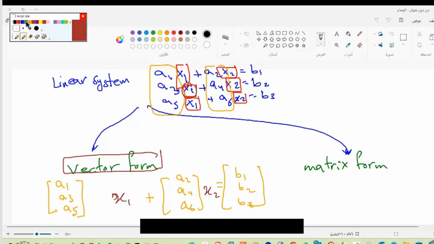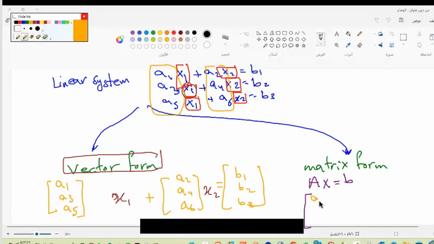Now, what about matrix form? Matrix form, let's use this one. It's a matrix, AX equal B. What is AX equal B? A is this matrix. See, A matrix.